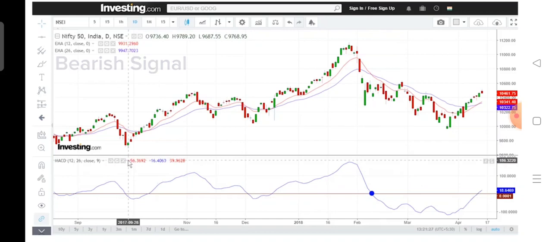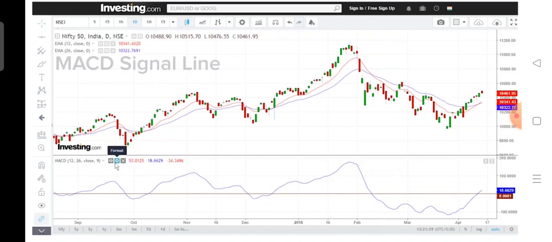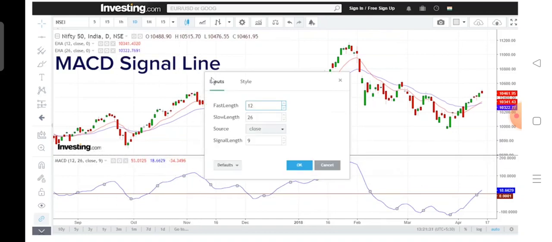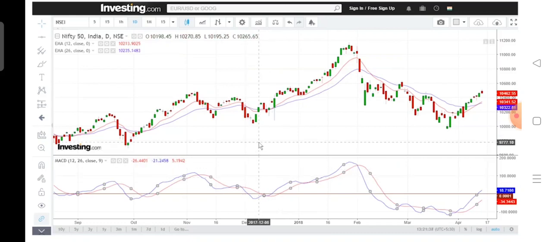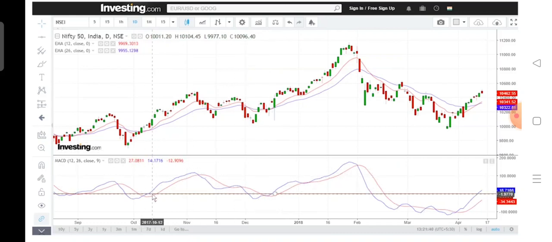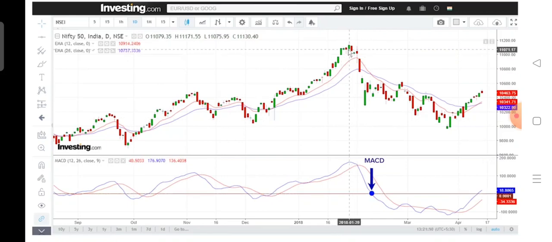Now let us next go to the MACD signal line. So we go here and make the signal line visible. Here again what we can see is that during this downfall, the MACD went below the zero line quite late, after a lot of price action had happened.